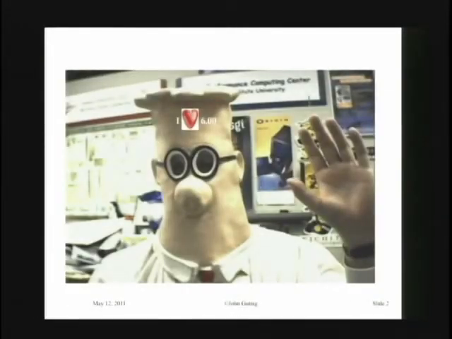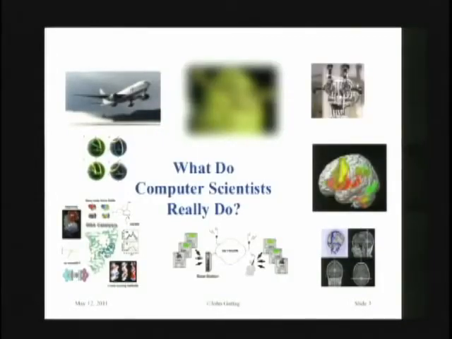Well, they look a lot like that, as you all know. In fact, it's amazing. There's almost nothing that computer scientists don't do. So here I've just collected a few of the different pictures related to what computer scientists in ECS are doing these days.